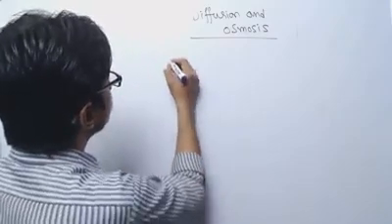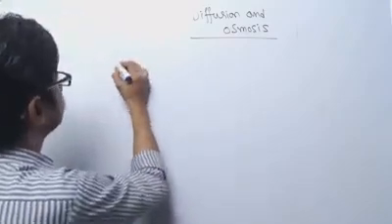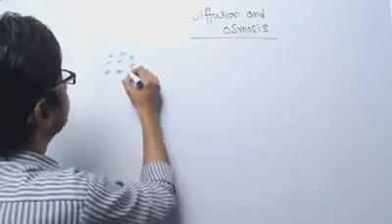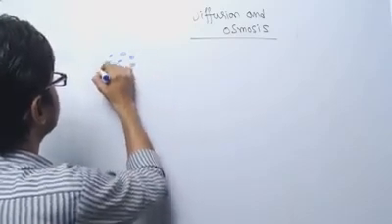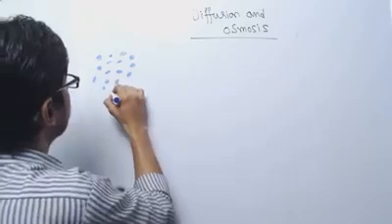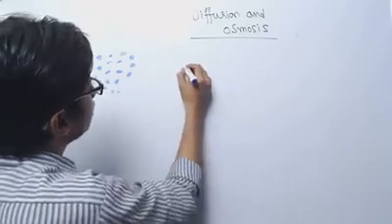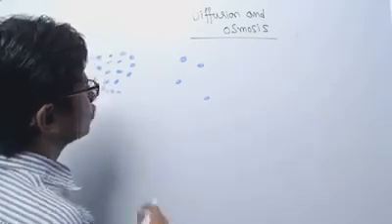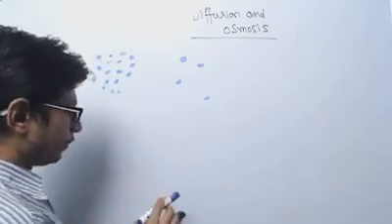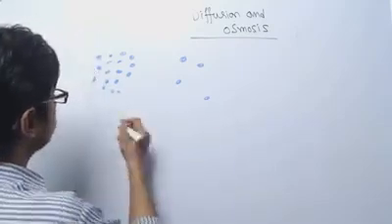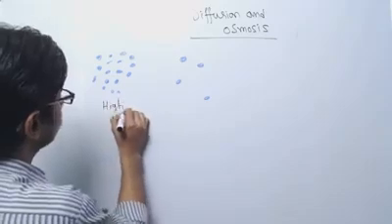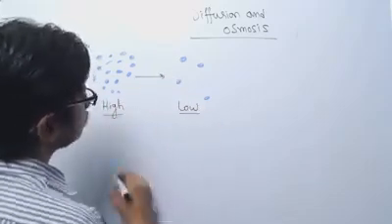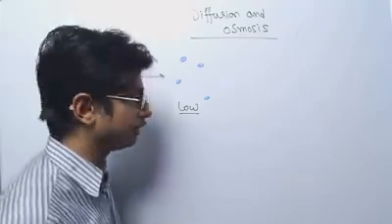Let's say if I draw the situation like this, this is a solute, let's say the ink particles that we are talking about. It is present in very high concentration here, and here it is moving. So what will happen? The particles from this high concentration will move to this low concentration of that same particle, obviously.